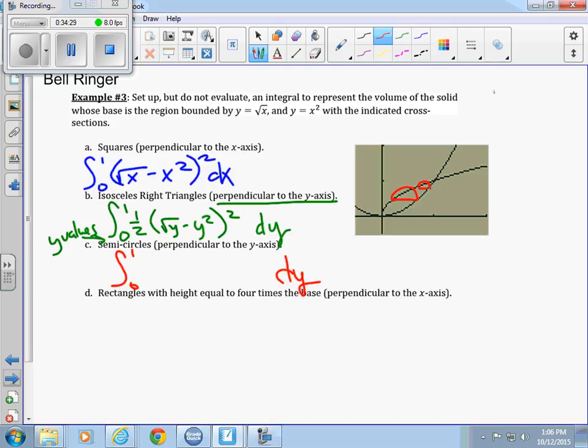And what is the area of a semicircle? Okay, so it might not hurt you to do a side note. What's the area of a semicircle? And what is the radius of one of these semicircles?